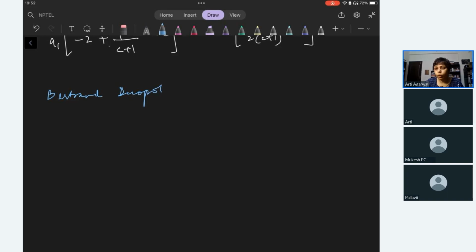Okay, let me just open the part where the basic structure of Bertrand was given. Okay, so this is the basic function. There are two firms, and each firm sets its price pi.